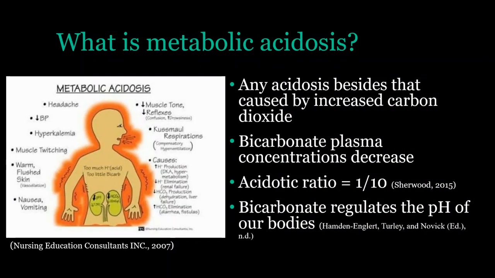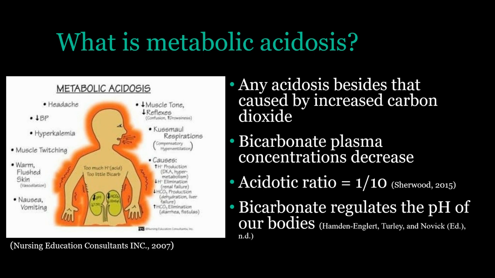So, what is metabolic acidosis? By definition, metabolic acidosis includes all types of acidosis besides ones that are caused by an excess of carbon dioxide within the bodily fluids. That is known as respiratory acidosis.